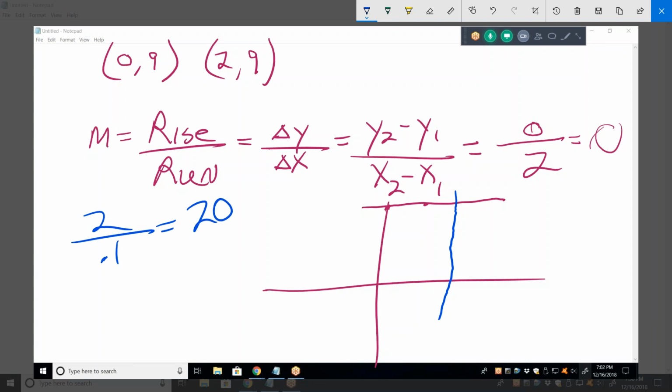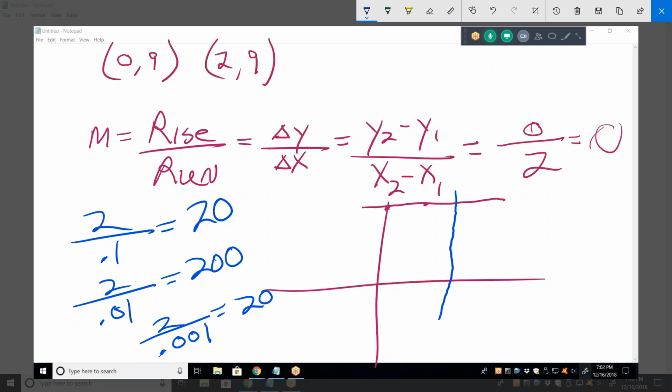If I take 2 and divide it by 0.01, it's equal to 200. See what's happening? As the denominator gets closer and closer to 0, my answer gets bigger and bigger. So if I were to go all the way to 0 in the denominator, this thing goes to infinity. So when they say undefined, it's kind of the same thing as saying an infinitely steep slope.